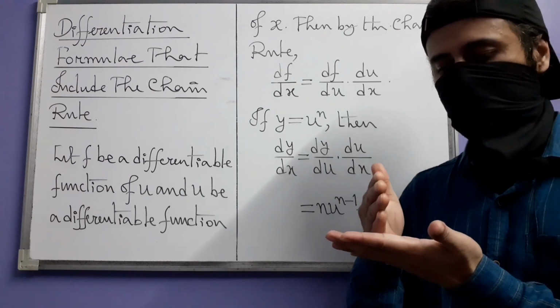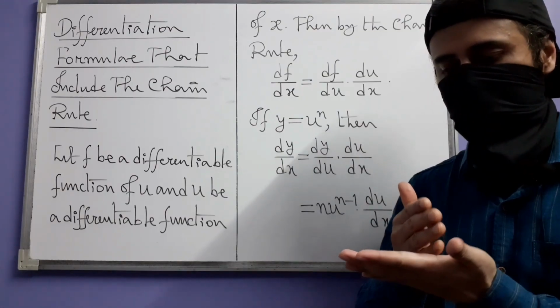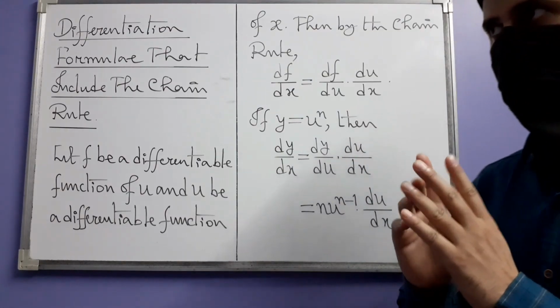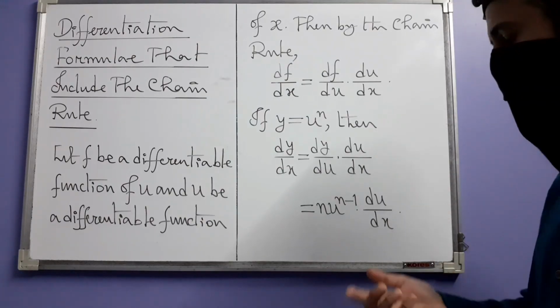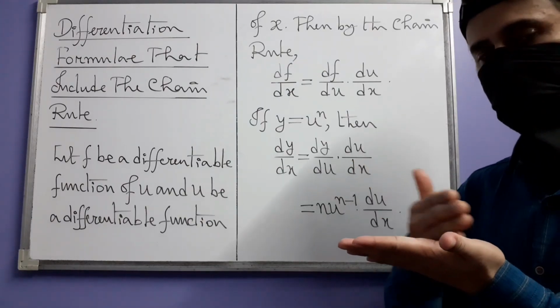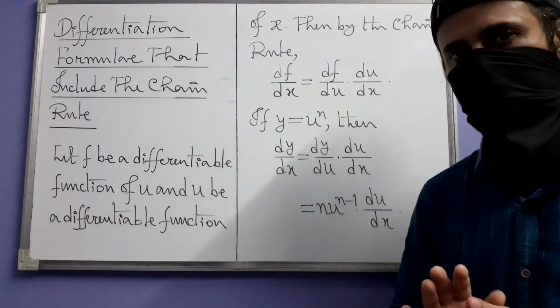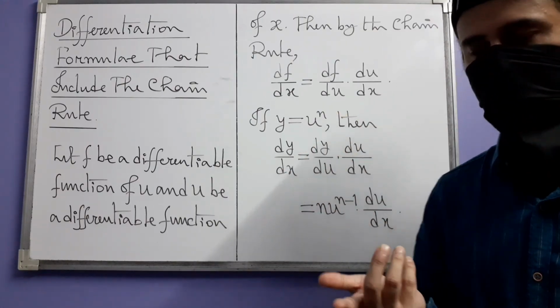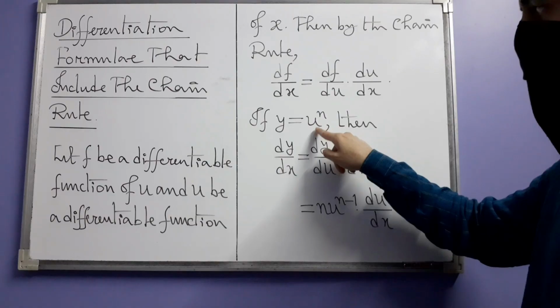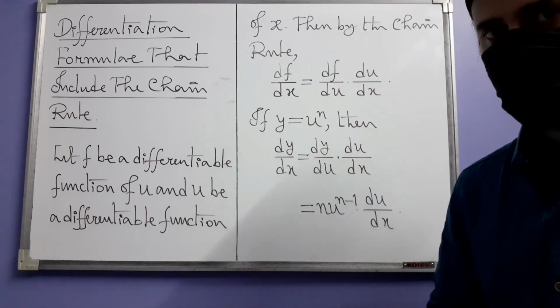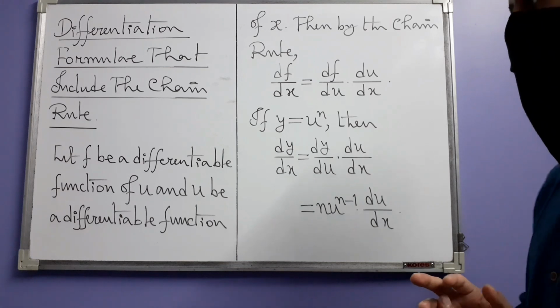If you take two differentiable functions, then their product is also differentiable. You can extend that rule to the product of any finite number of differentiable functions, n functions say. That will also be differentiable. So in particular, u to the power n is also differentiable because u is differentiable. So we can apply the chain rule here.